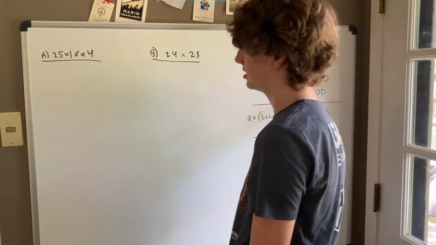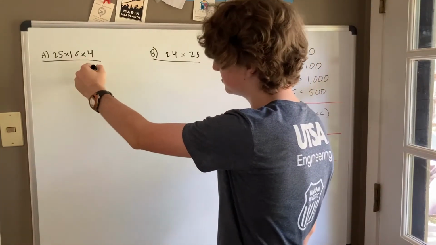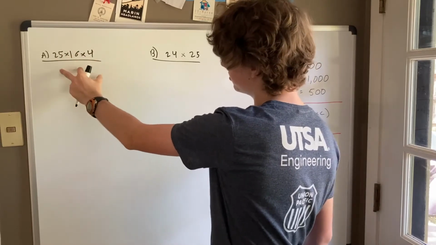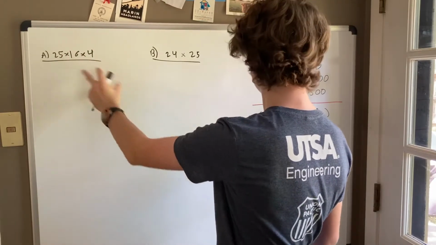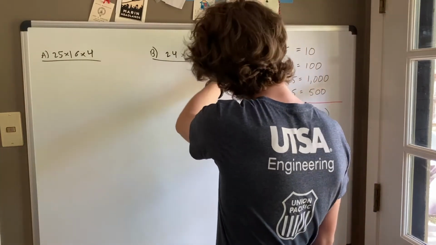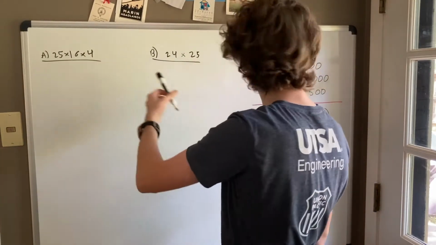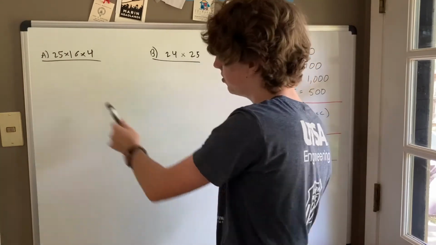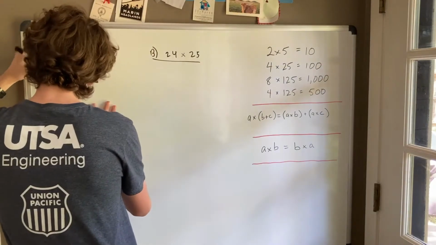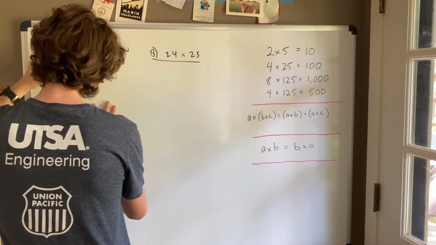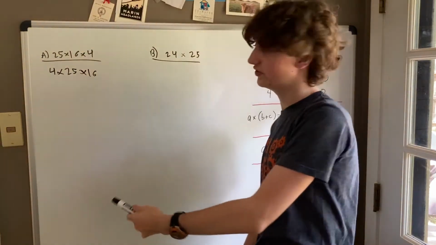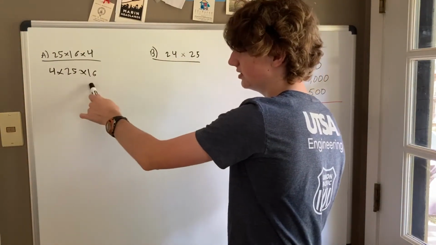The first problem that we're going to take a look at is 25 times 16 times 4. Now, you have to multiply these 3 together, but if you can use the commutative property, then you can move them around and try to substitute one of our 4 equations in, which we can here. 4 times 25 equals 100. We have a 25 and a 4 here, which means that if we move the problem around, then we have 4, 25, and 16.